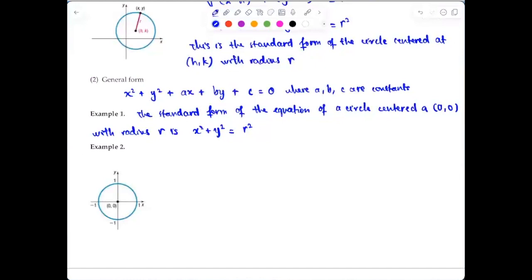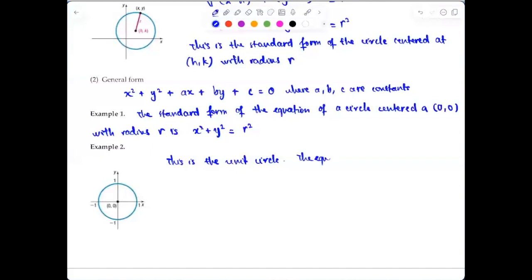In the next example, you have an image of a circle, center at the origin with radius 1. This circle has a special name. It's called the unit circle. The equation for the unit circle is x squared plus y squared equal to 1.